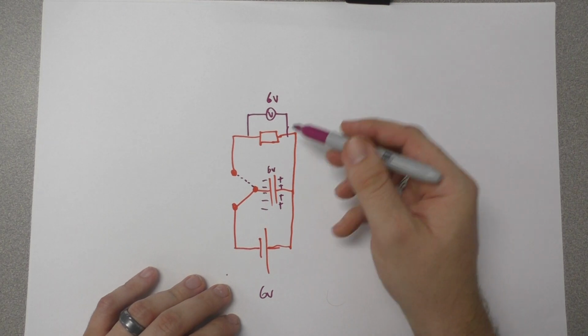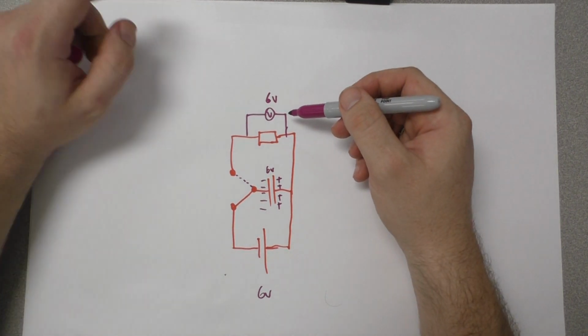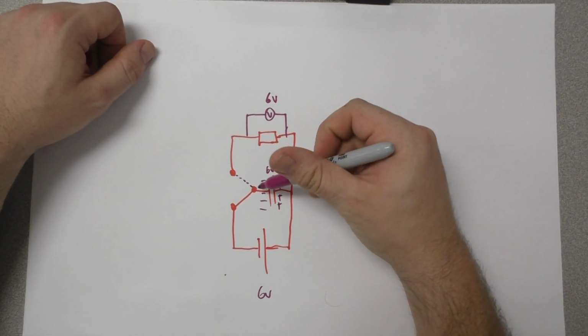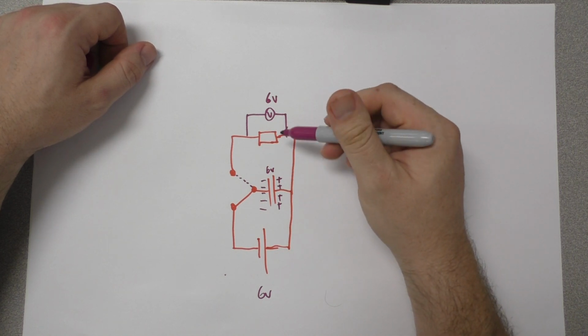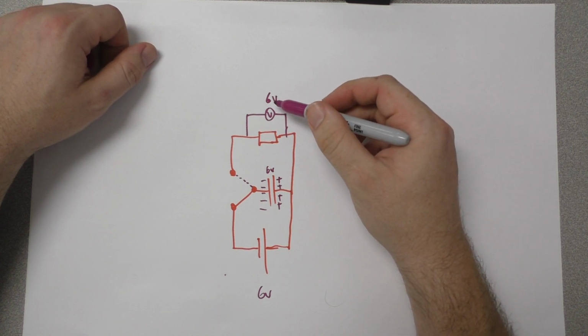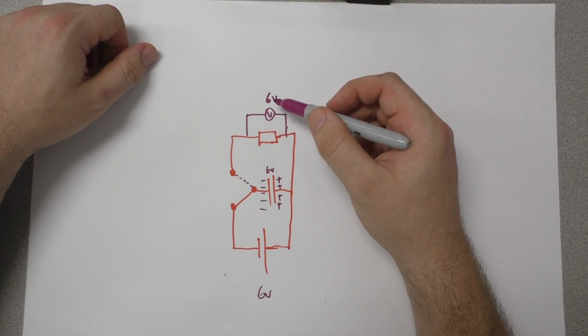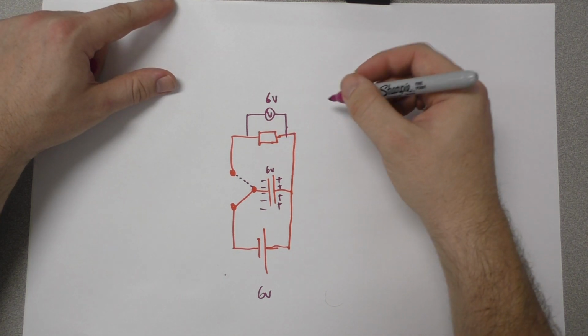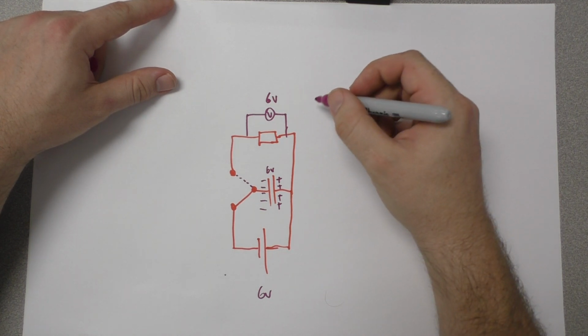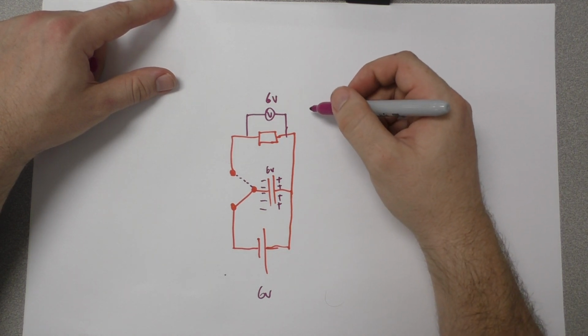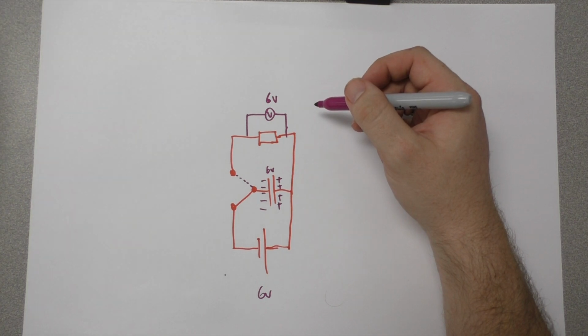However, that would start to drop because the charge that was stored on here is now being slowly but surely balanced out. And so this charge is going to drop exponentially. And as a result of that, we need an exponential equation to explain what's going on.